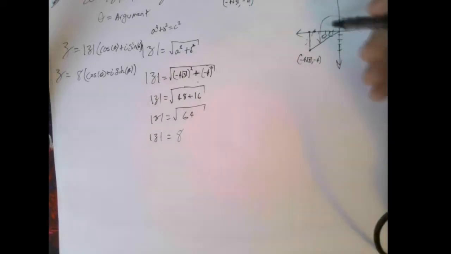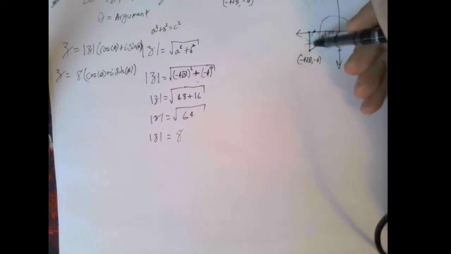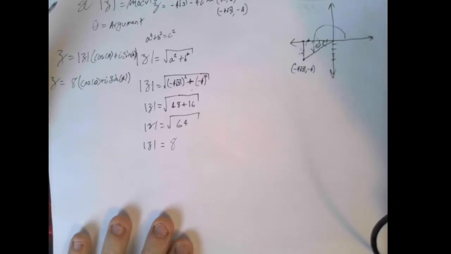So how we do that is we're going to use our trig function tangent, right? Because we know that tangent of this angle is opposite over adjacent, right? Or sine over cosine.